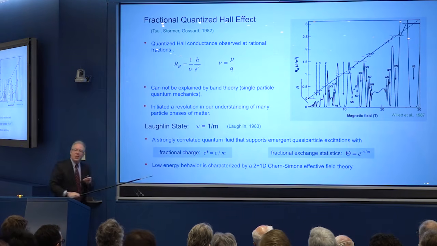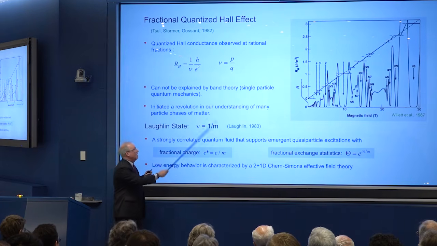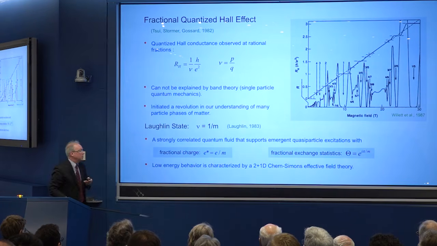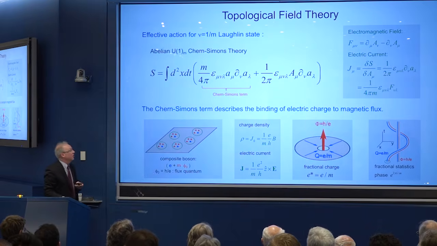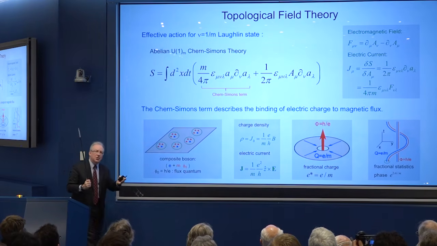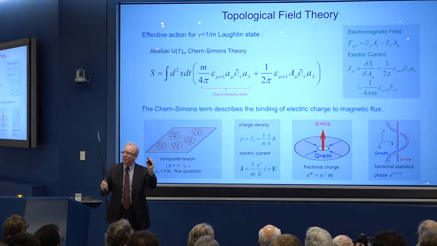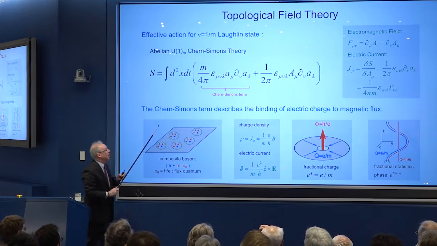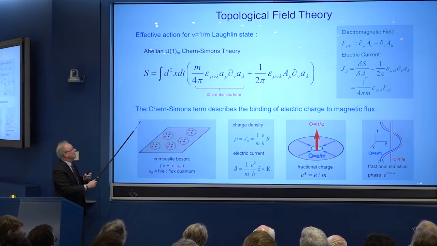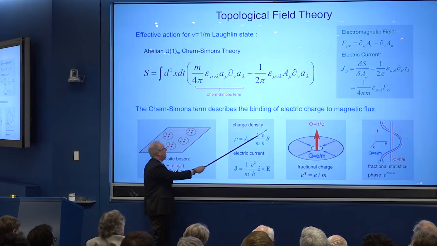And the way we understand this now is that the low energy behavior of this fractional quantum Hall state is characterized by a Chern-Simons effective field theory. And what this Chern-Simons effective field theory does is it essentially captures the essence of what the fractional quantum Hall effect is about. And the essence of the fractional quantum Hall effect is the binding between electric charge and magnetic flux.